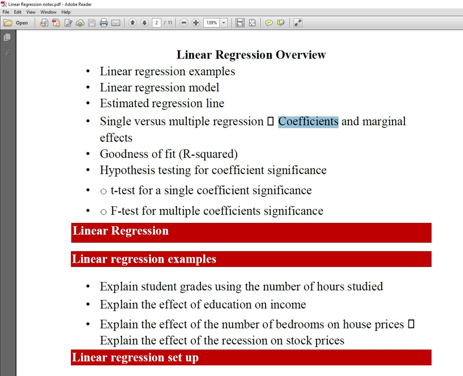Of course, this is common almost everywhere. We can also use regression for understanding stock prices based on market changes. For those who are trading, I'm sure right now we are facing recession, so how does a recession affect stock prices? I think regression will come in handy there.